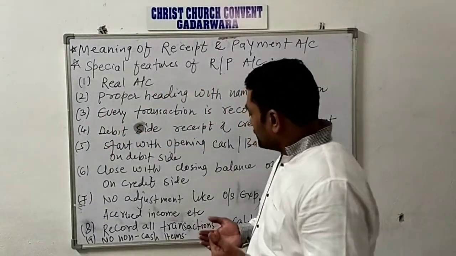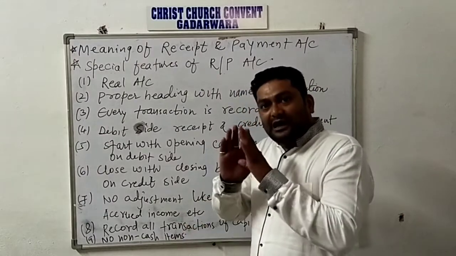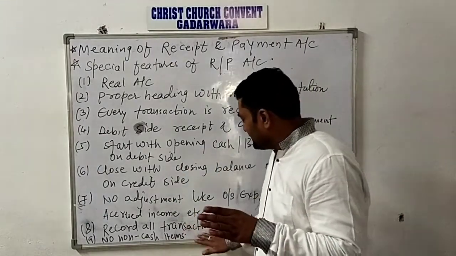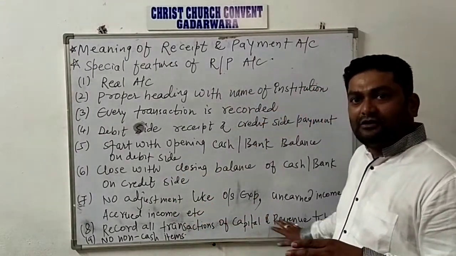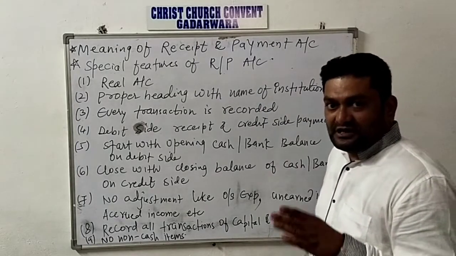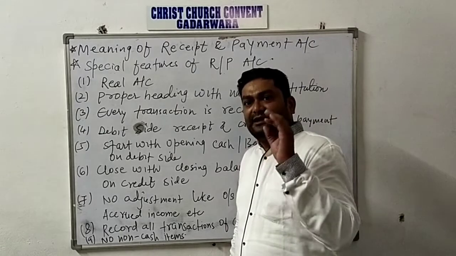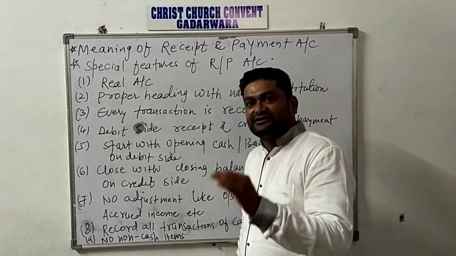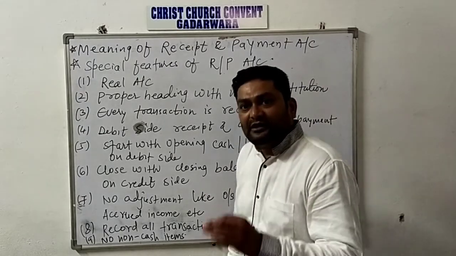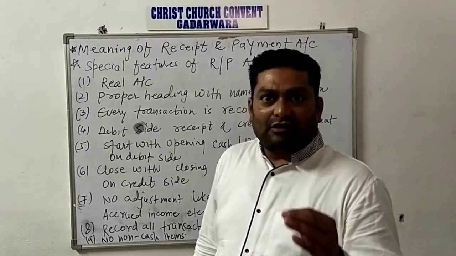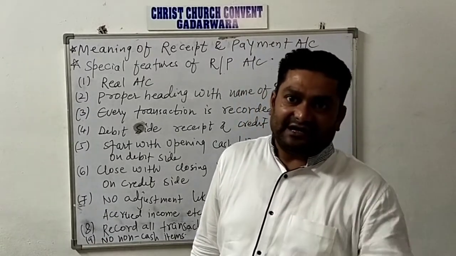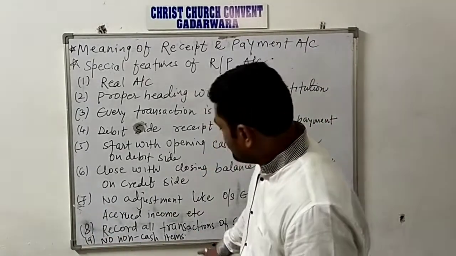Understand? So regardless of whether they are of capital nature or of revenue nature, every single item is recorded in receipt and payment account, whether it is of previous year, current year or next year.